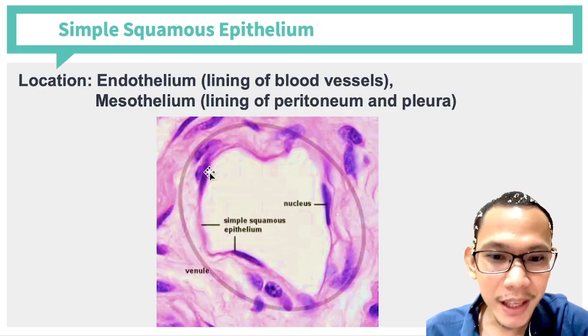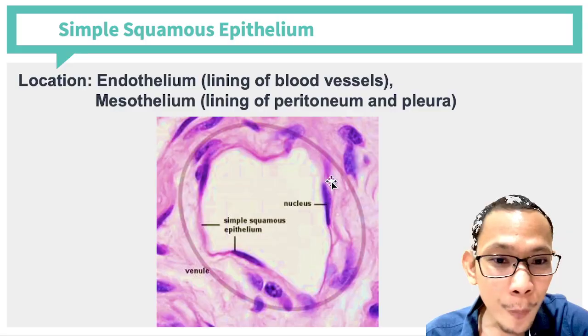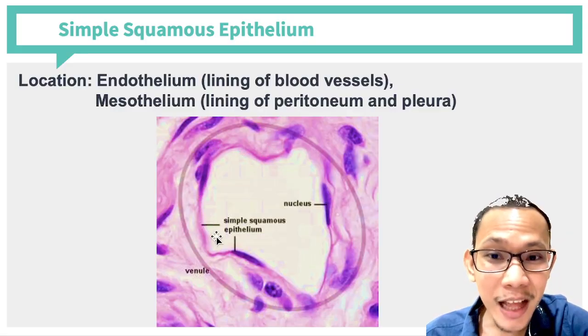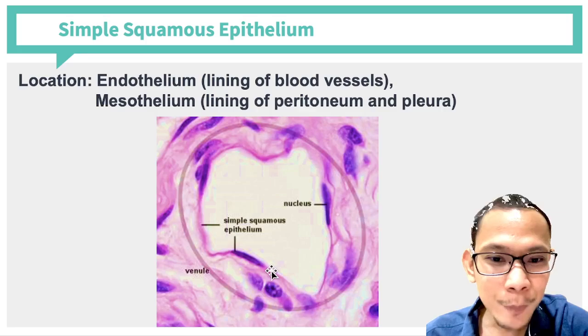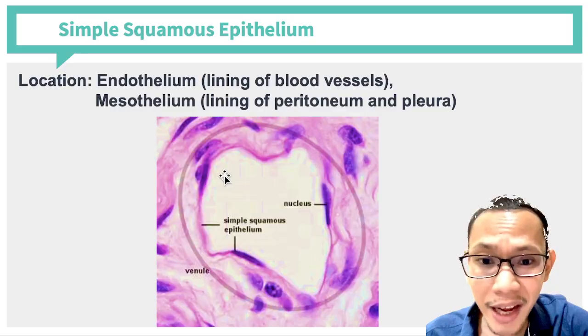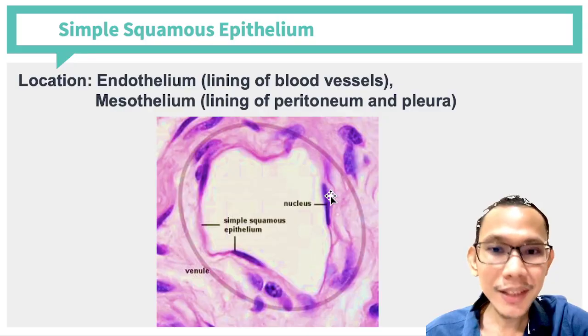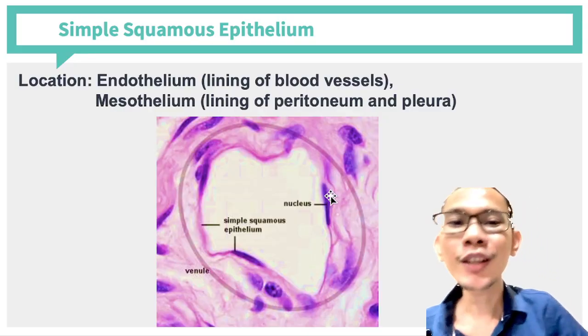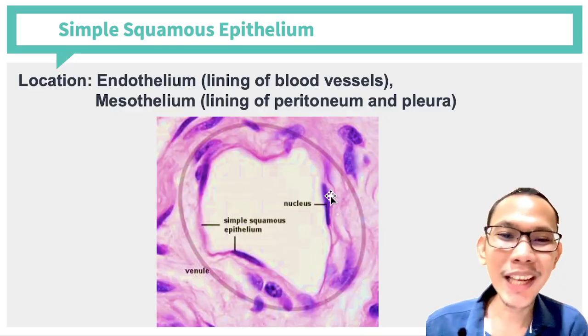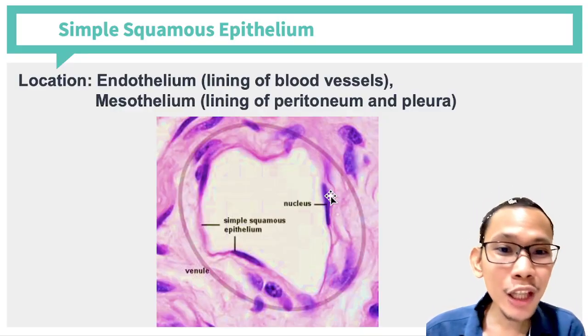Now, let's identify. Simple squamous because how many layers of cell? Isang layer lang, correct? And, napapansin nyo, what is the shape or morphology of the cell? You can see it's flat, right? Flat lamang siya. So therefore, this is now your simple squamous epithelium. So when I ask you, what is the lining epithelium of your blood vessel?